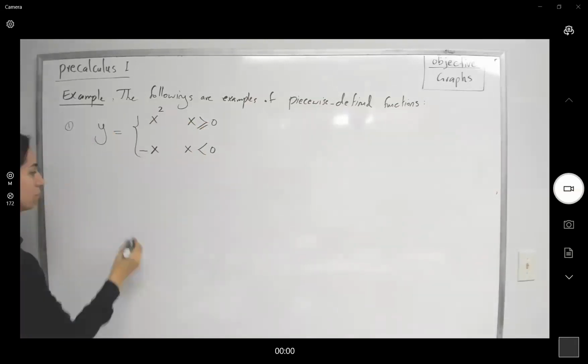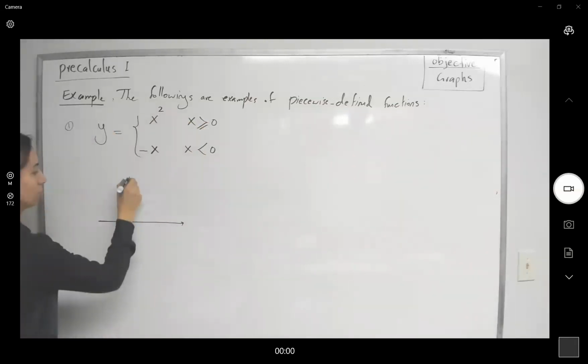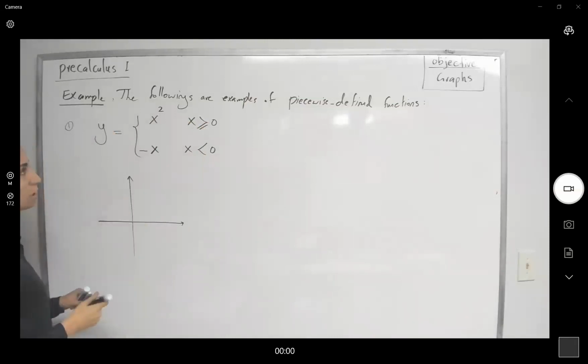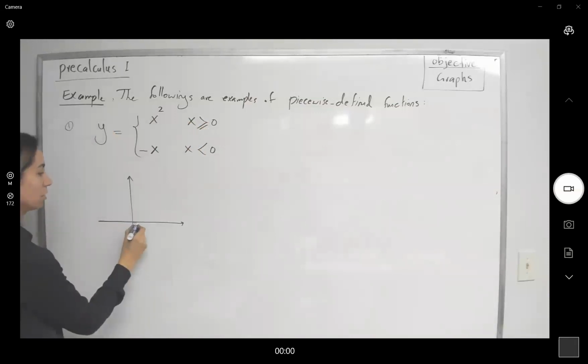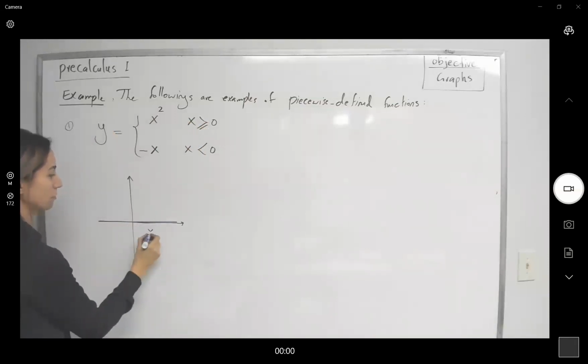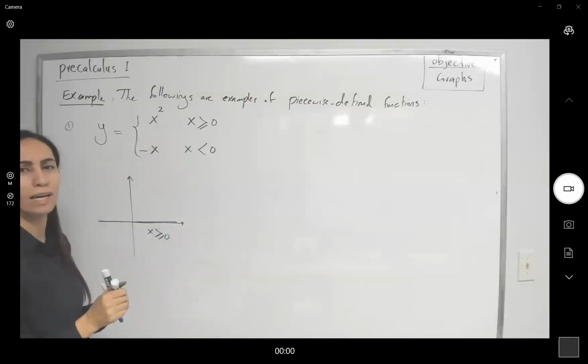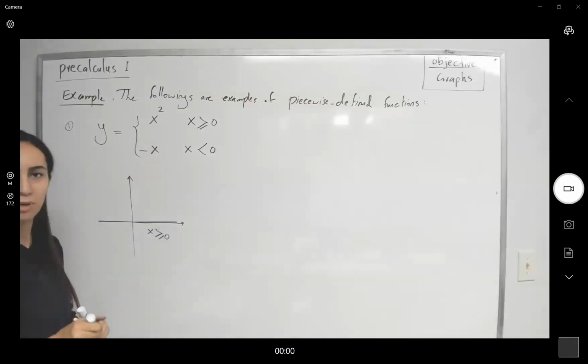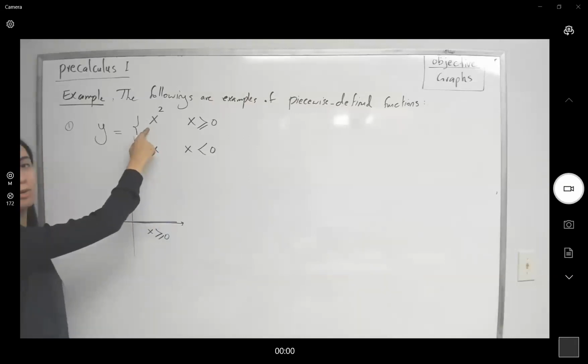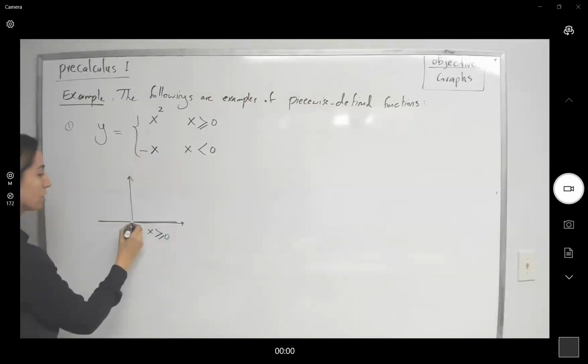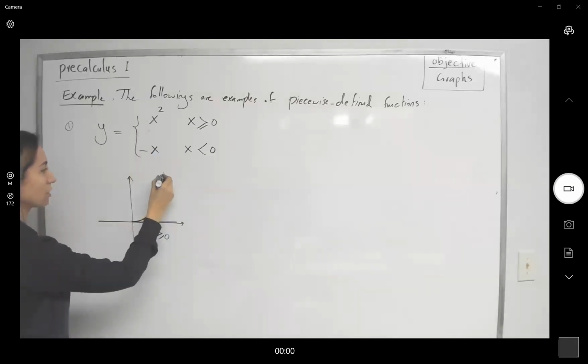How do you graph it? Not that hard. So based on the definition, if x is larger than or equal to 0, it means that I'm here. And what's the graph like? It's x squared. It means that I have a parabola. Since the leading coefficient is 1, it opens up and the graph behaves like this.